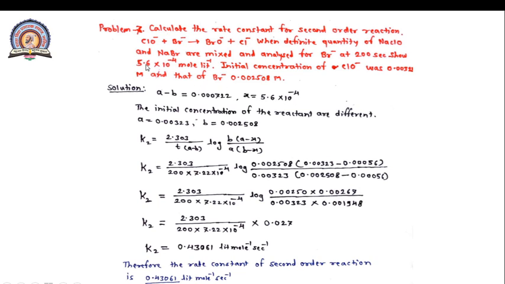Now this is given. The initial concentrations of the reactants are different. A means 0.00323, minus 0.002508, means this value.